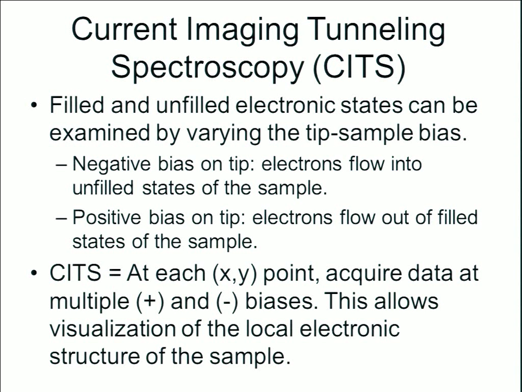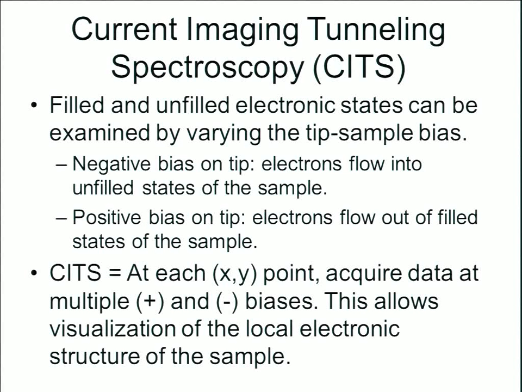Another example, as far as current imaging, is tunneling spectroscopy. This is when we have filled and unfilled electronic states, and they can be examined by varying the tip-sample bias. So, as we showed prior, a negative bias allows electrons to flow into the unfilled states of the sample. A positive bias on the tip allows electrons to flow out of filled states of the sample and, of course, into the tip.